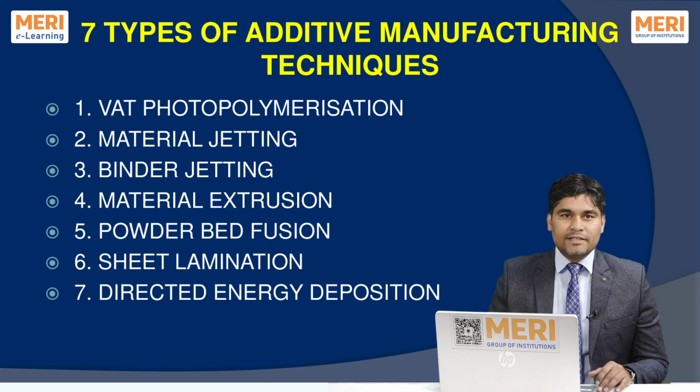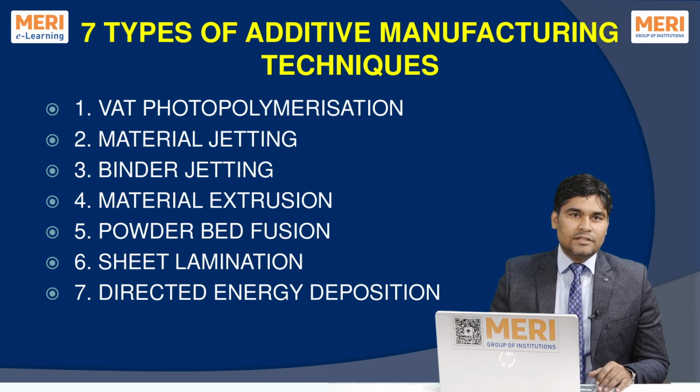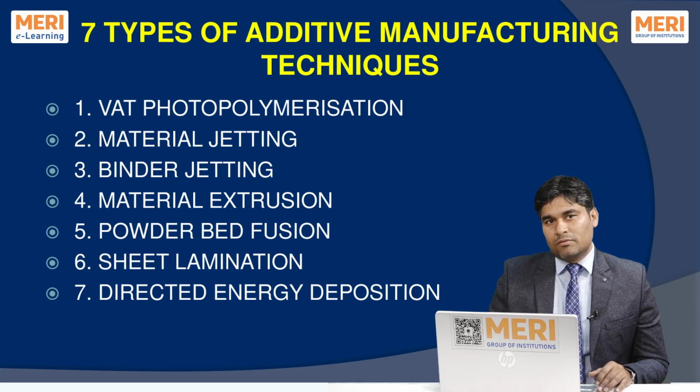The sixth technique is sheet lamination, where sheets of material are bonded together and cut into the required shape. Finally, we will discuss direct energy deposition, in which focused thermal energy is used to melt and deposit material simultaneously. All these techniques have unique working principles, advantages, and industrial applications, which we will study in detail throughout this course.